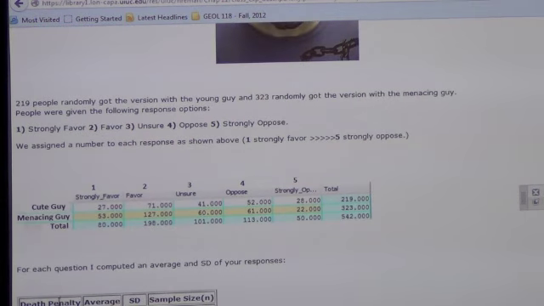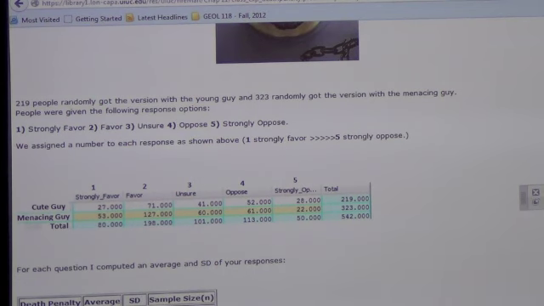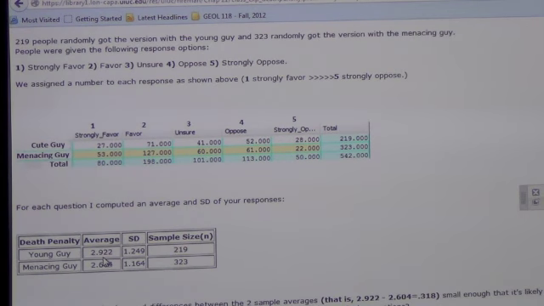So here's the data, and for each question, you could answer on a scale of 1 to 5. 1 means you really want the death penalty, 5 means you really want to save the guy. I thought the people who got the younger guy were going to have a higher average, and they did, because they opposed killing him. But here's your data. Here's the bigger average.